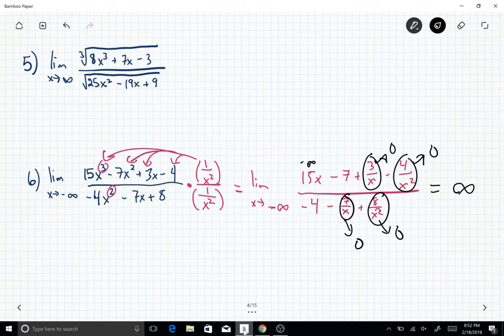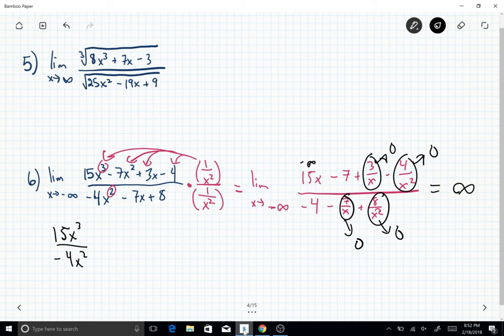Really all we're doing is checking what the leading coefficients are. Anytime you can, don't worry about anything other than the degree of the polynomials. You could have written this as 15x cubed over negative 4x squared, and it'll take on that behavior.